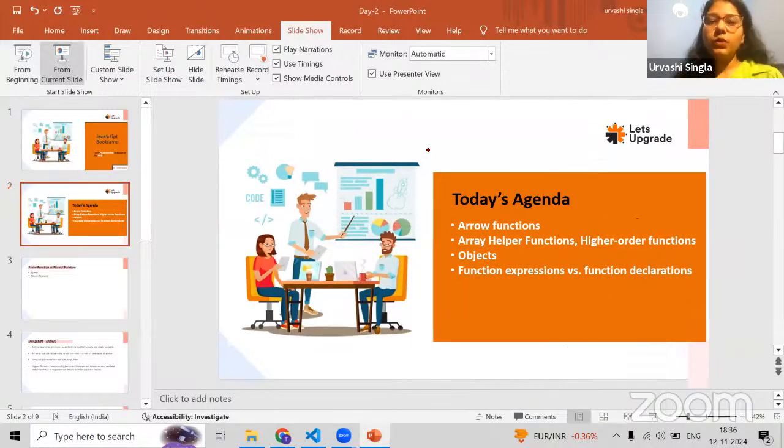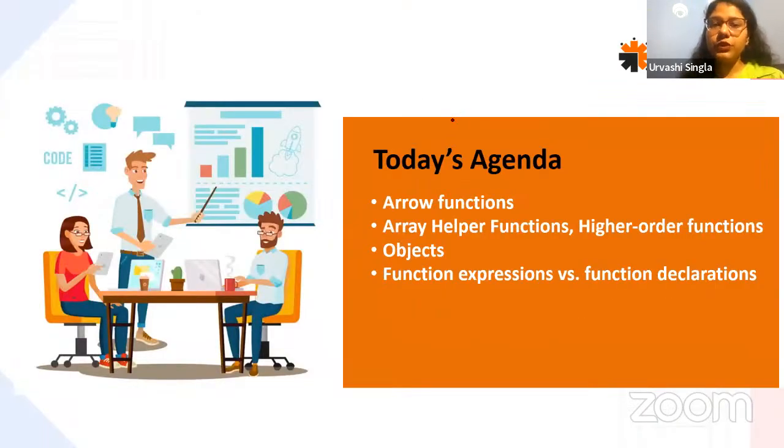Then we are going to talk about some important array helper functions introduced in ES6. Then objects, which is again very important. Then function expression versus function declaration. So this is what we are going to talk about in today's session.